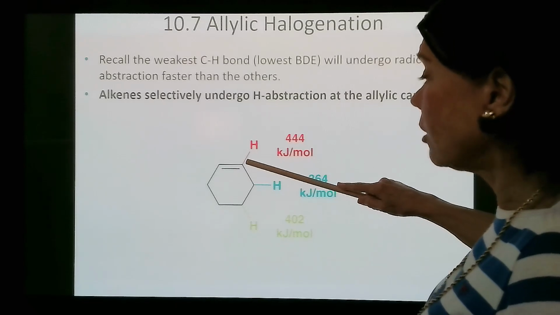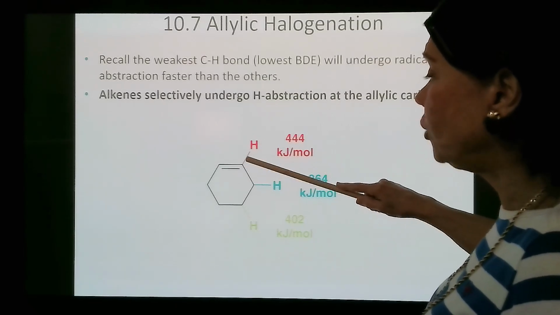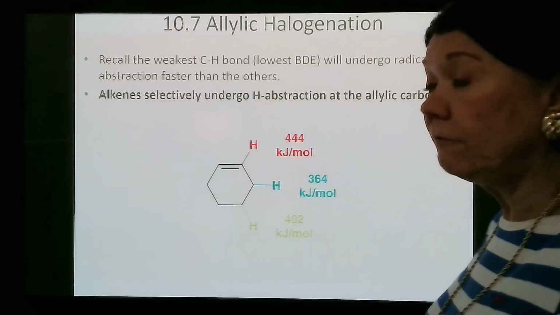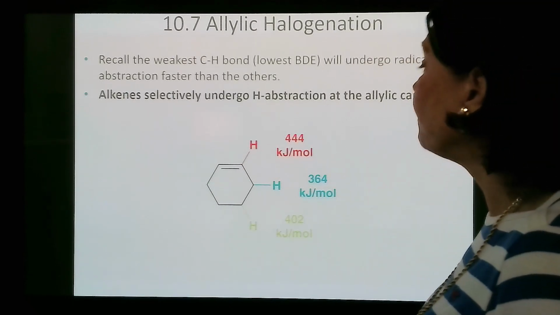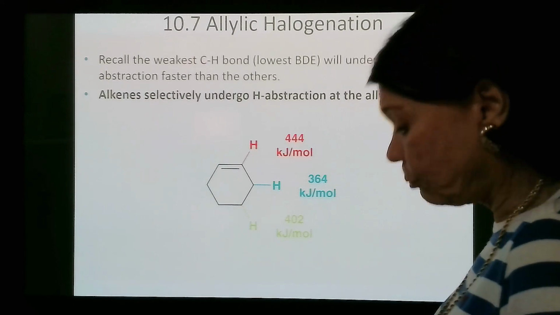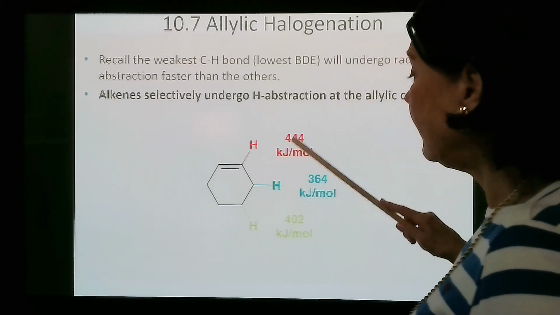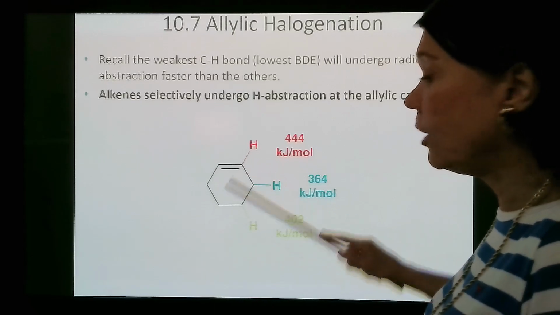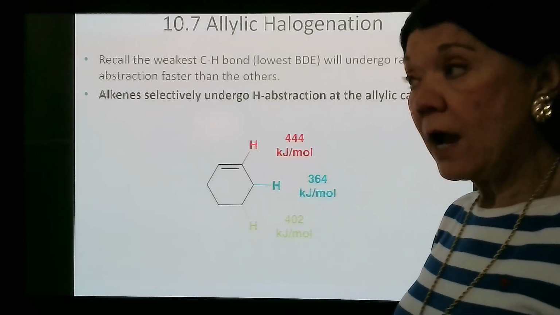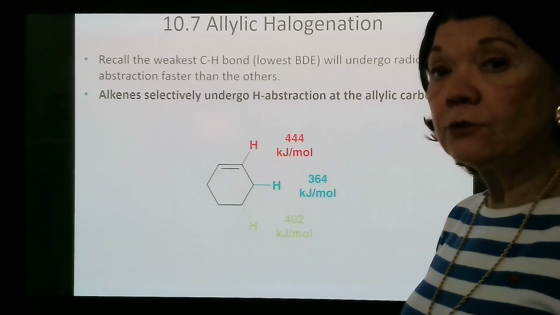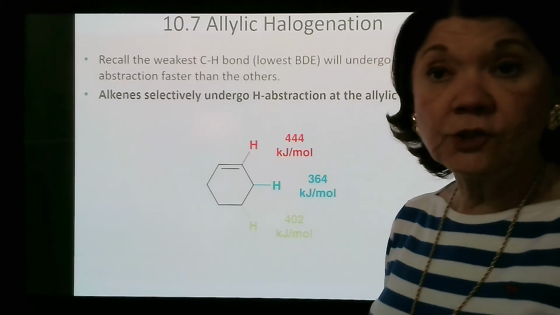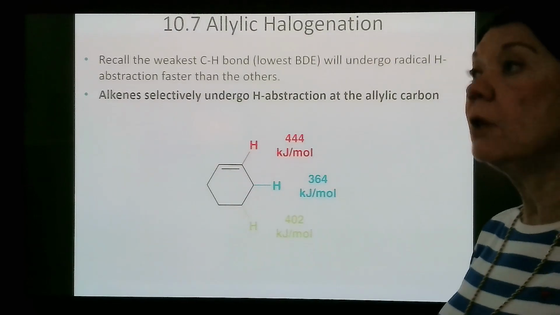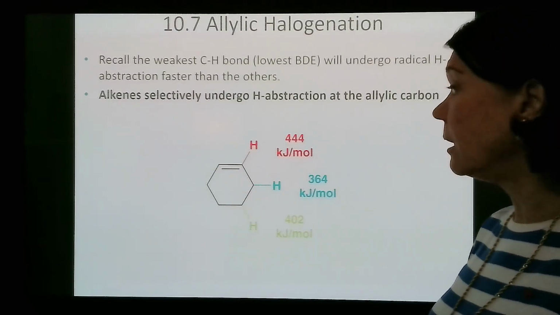And in the reverse, the vinylic CH bond, when cleaved, has a bond dissociation energy of 444 kilojoules per mole. And so that is much higher than the other two, and that's because this would create a vinylic radical where the unpaired electron is in the sp2 hybridized orbital and much higher in energy.